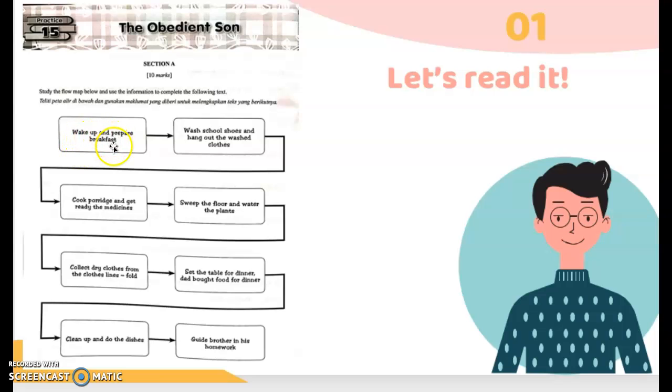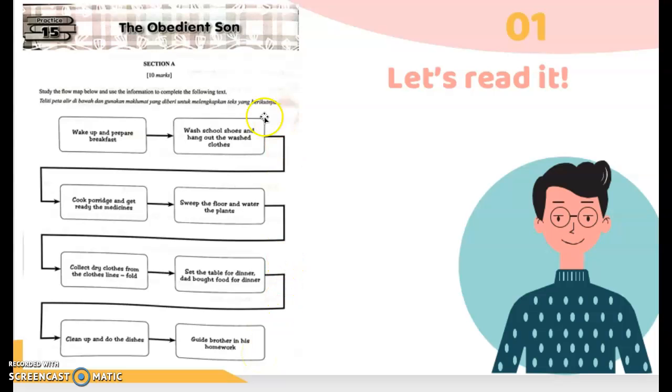Woke up and prepare breakfast, wash school shoes and hang out the wash clothes, cook porridge and get ready the medicine, sweep the floor and water the plants, collect dry clothes from the clothesline and fold, set the table for dinner, dad bought food for dinner, clean up and do the dishes, guide brother in his homework.